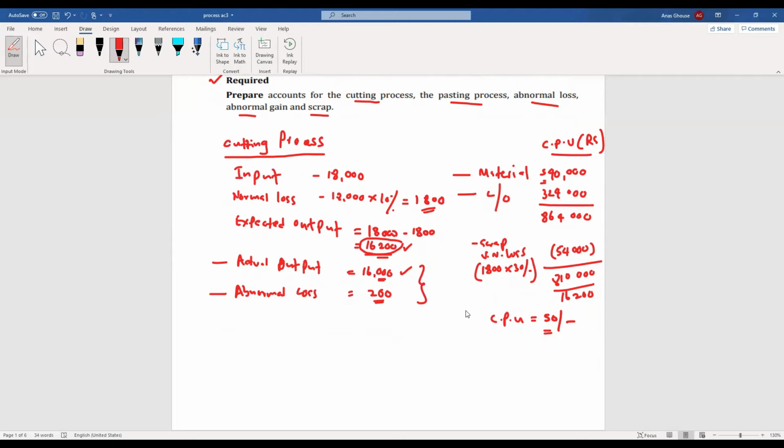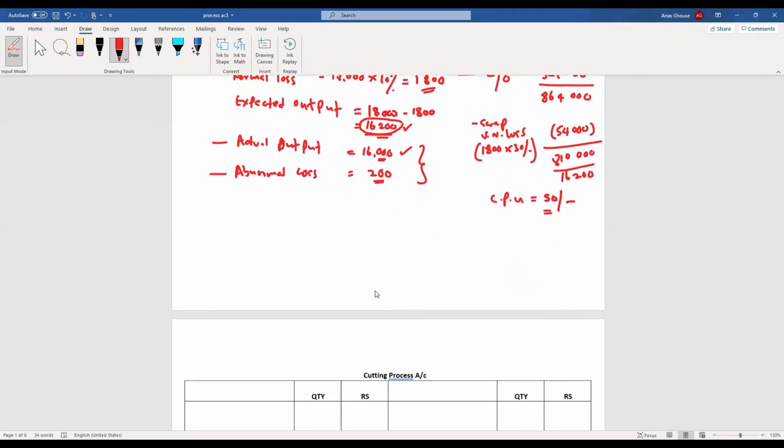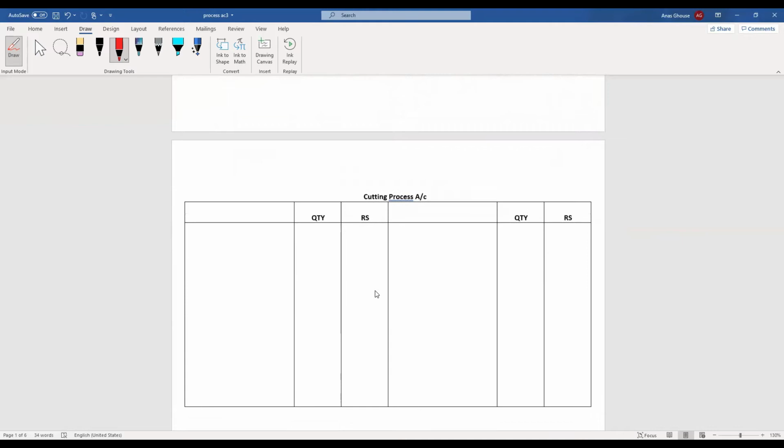Now let's complete the cutting process. We'll prepare the cutting process account.